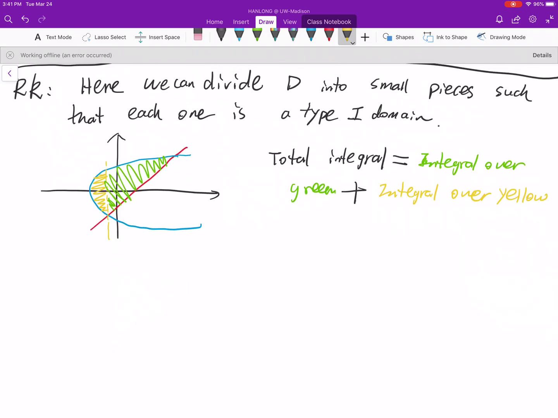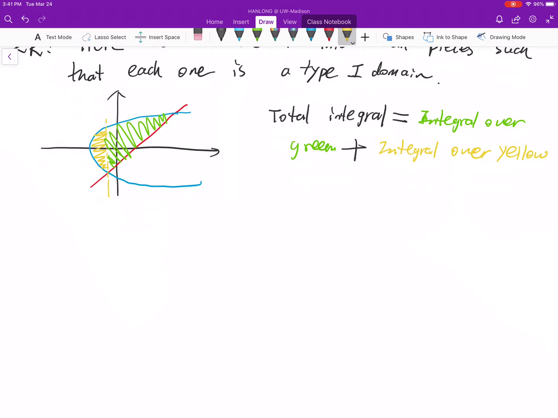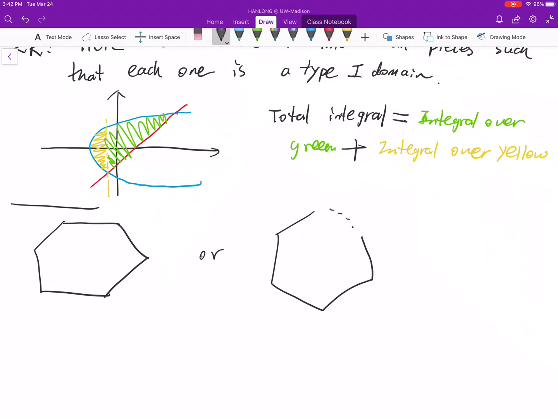I will not carry out the procedure here, but I should say this is also very important because in general you cannot expect a pure type 1 domain or pure type 2 domain. You might have a combination of them, and for example, you might have the polygons. For example, you might have this one, and then you cannot view them as type 1, type 2.